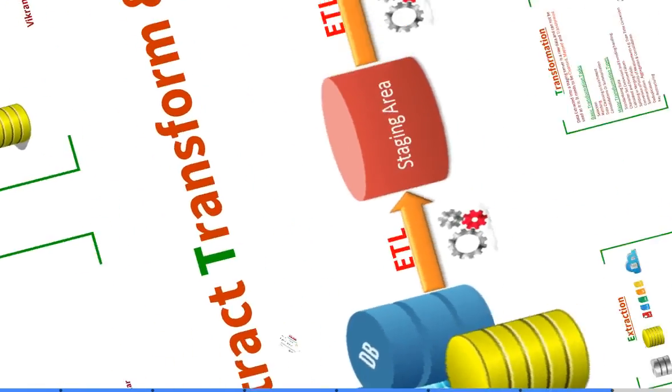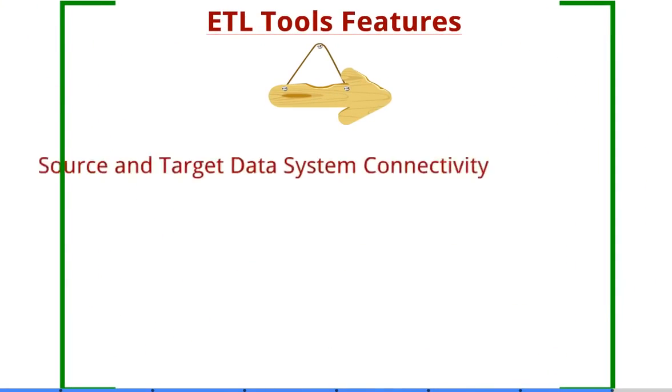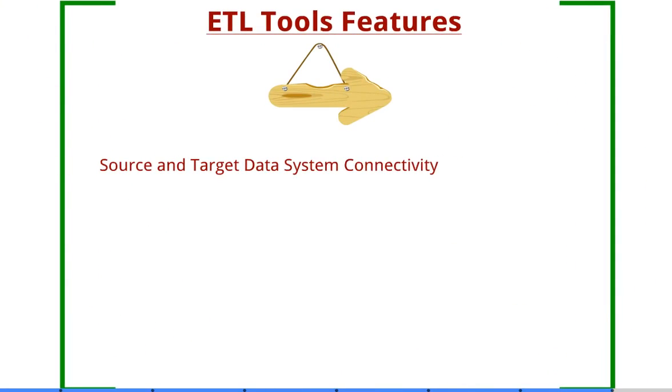Now let's look at the features and capabilities of ETL tools. The data connectivity with the source and the target system. The ETL tool should allow connecting to the source system and the target data systems efficiently and seamlessly. Next is scalability and performance.